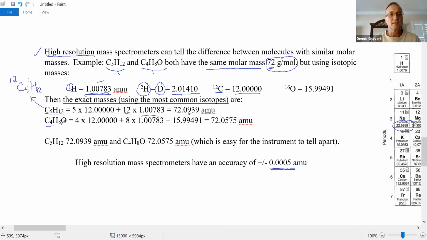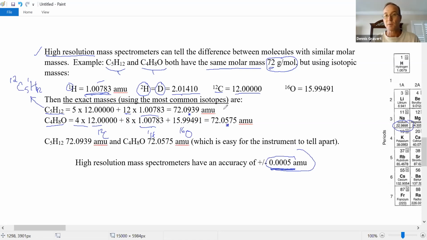For the other formula, C4H8O, again, isotopic masses, use the exact mass for C12, H1, and then oxygen, the most common isotope is oxygen 16, and that has an exact mass of 15.99491. Yep. Add those up, and it's 72.05. So at the second decimal place, we got a difference between 9 and 5. That's so much bigger than this number.